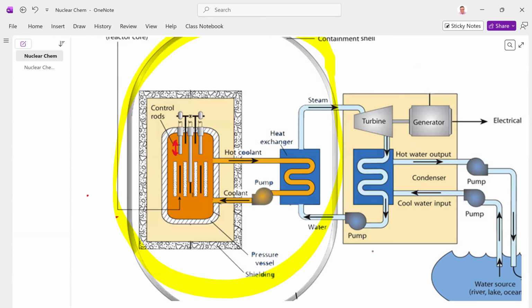When the control rods are lowered into the fuel rods, the reaction slows down because the control rods absorb neutrons.